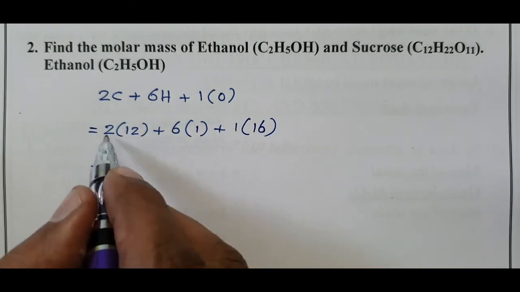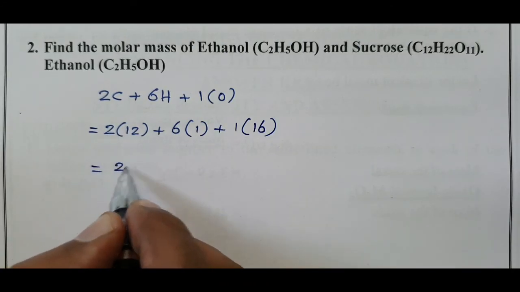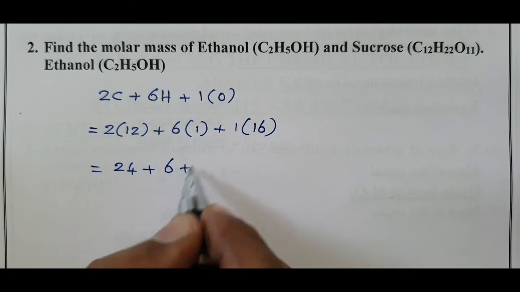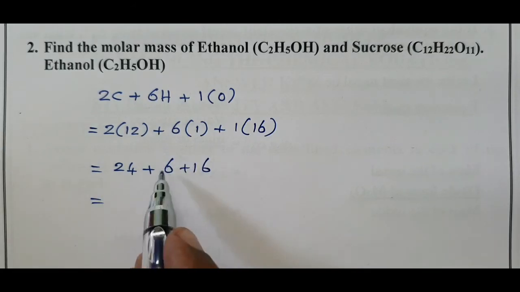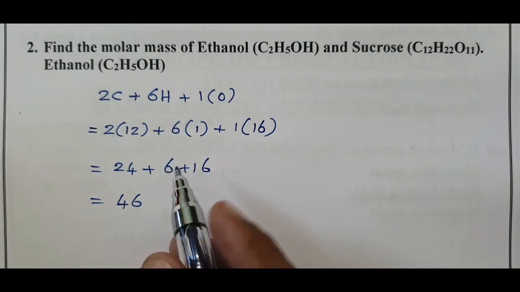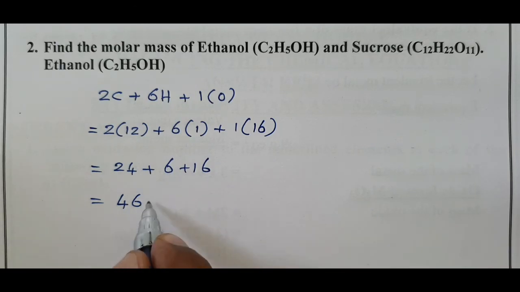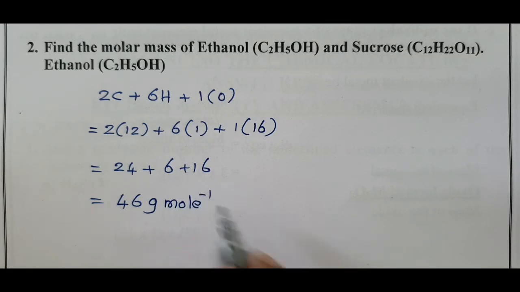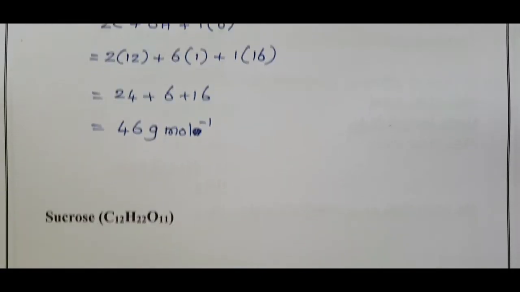That is equal to 2 into 12 are 24 plus 6 plus 16 will give 46 is the molecular mass of ethanol. 46 gram is 1 mole of ethanol. 46 gram mole power minus 1, this is mole, only MOL. Mole power minus 1 is the unit of molar mass of ethanol.